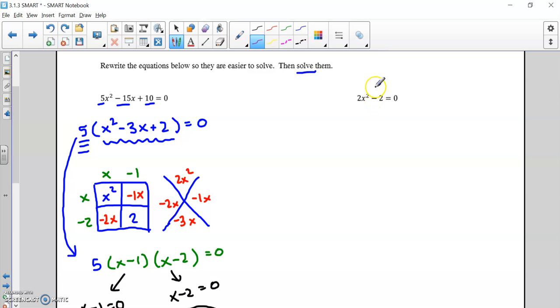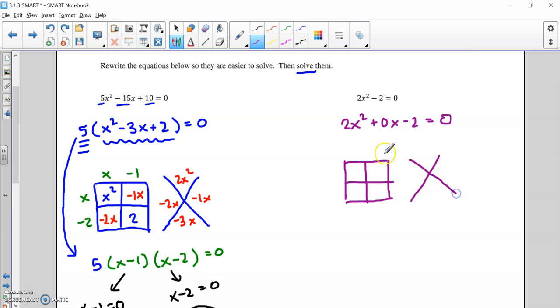Okay, so if there is no x term, technically that means we have 0 x's. So we could just throw in a plus 0x there to give ourselves an x term. Now that we've made the equation look like this, we can go ahead and box and diamond like usual, and go ahead and factor this.